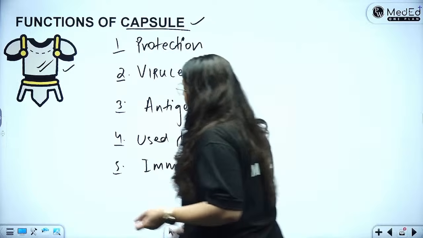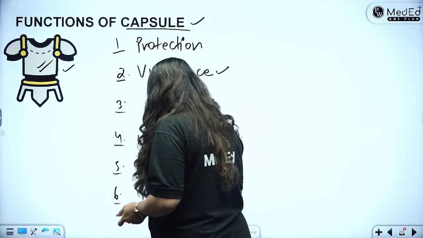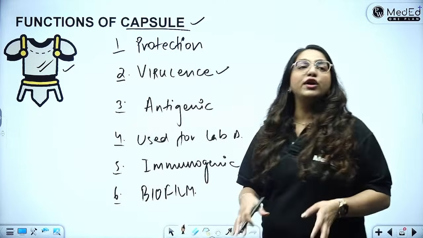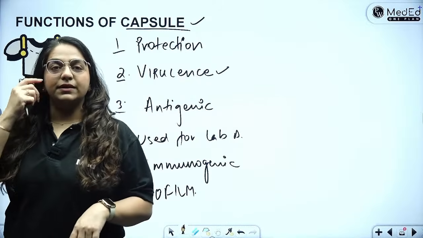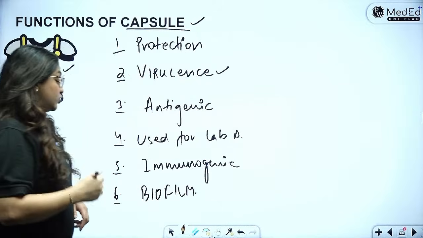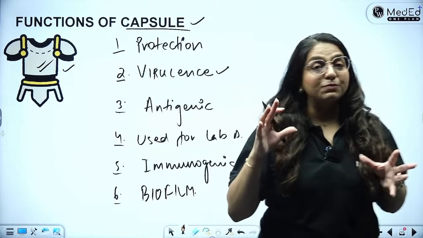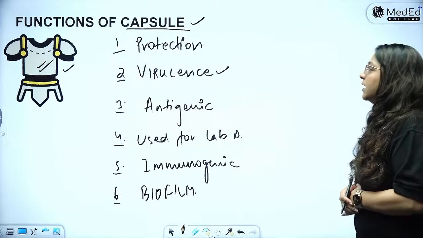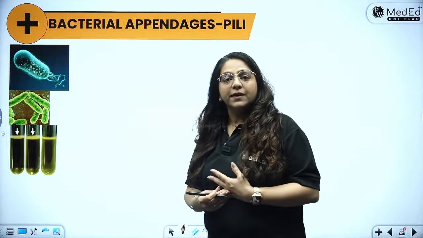And the capsule also helps in the formation of something called a biofilm. We are going to discuss biofilm in this segment. So it is the capsule which helps the bacteria make a biofilm. So these are all the important functions of the capsule.